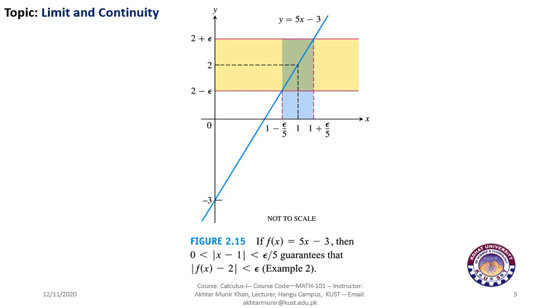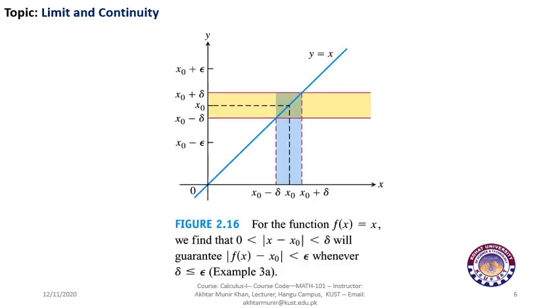So 5 times 1 minus 3 equals 2. So the epsilon delta definition implies that the absolute value of f of x minus 2 is strictly less than epsilon, which will give us that 0 is strictly less than the absolute value of x minus 1, which is strictly less than epsilon by 5.